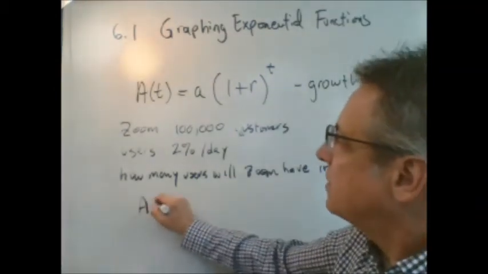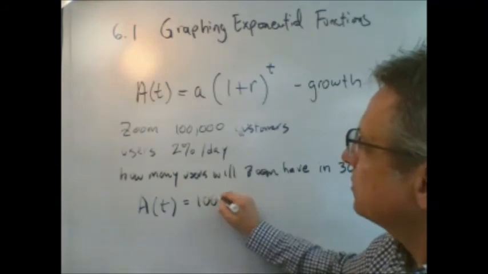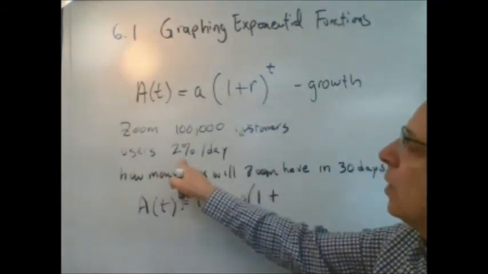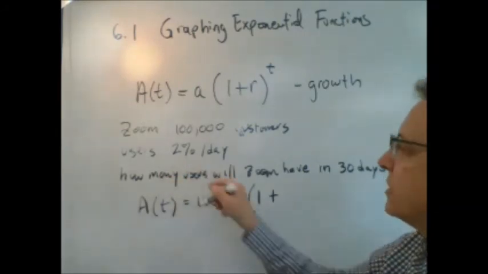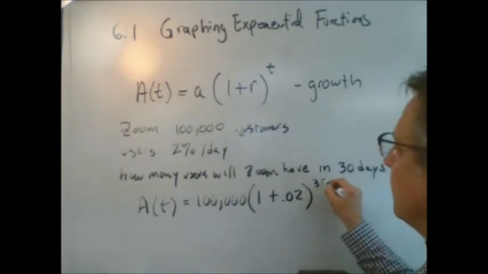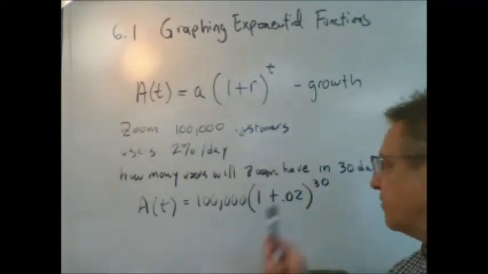So we take this equation, A of t, the initial number of users is 100,000. And since it's growing by 2% per day, we put in here 0.02, and we want to find out how much that number is after 30 days.